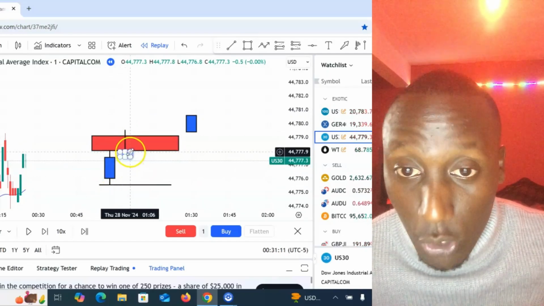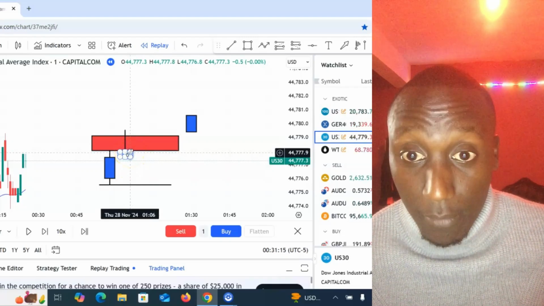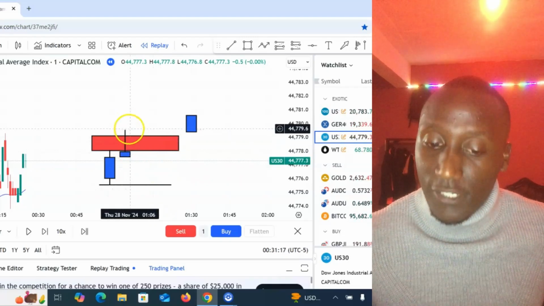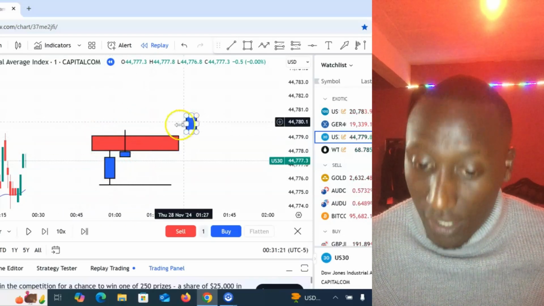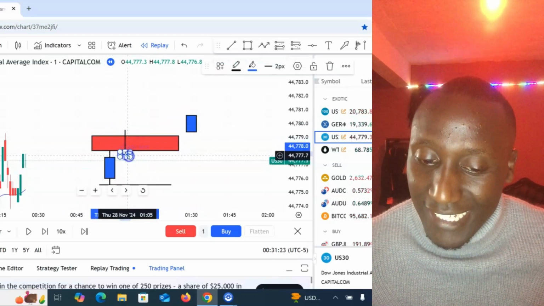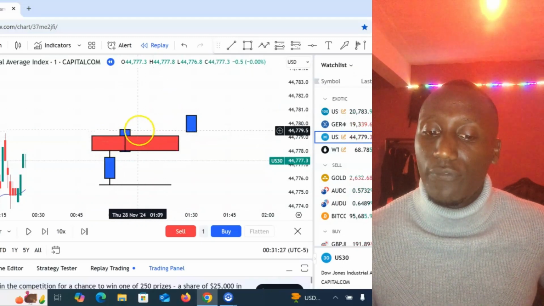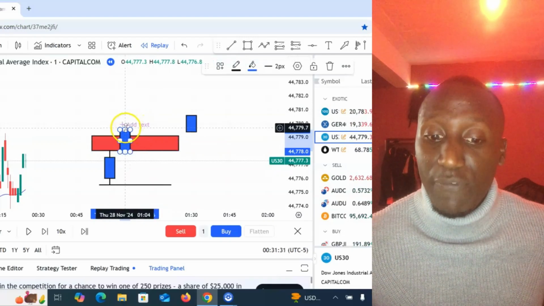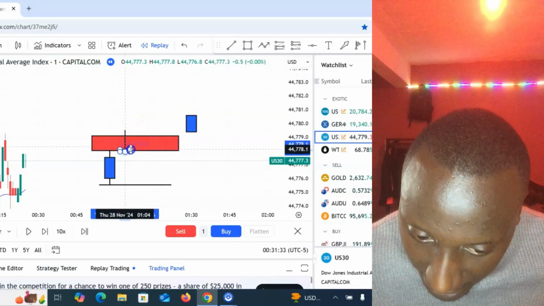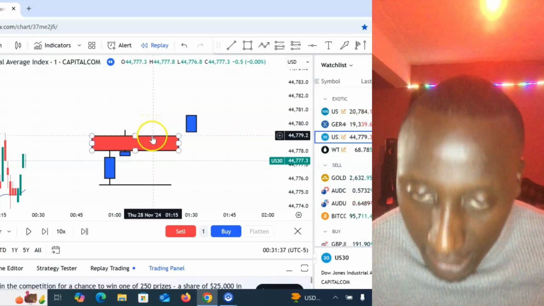This is now what we call a false breakout or a failed breakout. And a false breakout is a reversal signal. So if it's a successful breakout, that is a sign of continuation of the trend. If it closes back inside, that is a reversal signal.